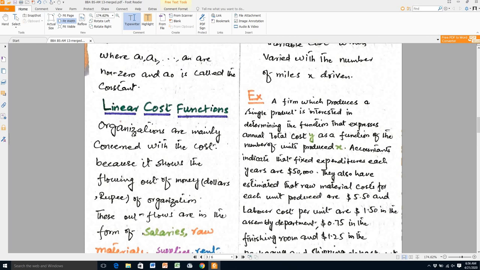So organizations are mainly concerned with the cost, because it shows the flowing out of money, in the form of dollars or rupees, of organizations.